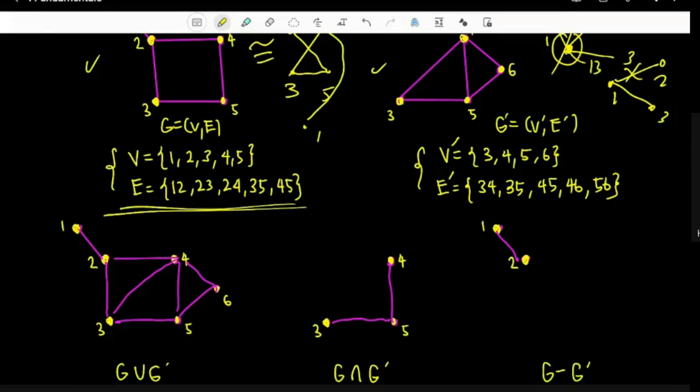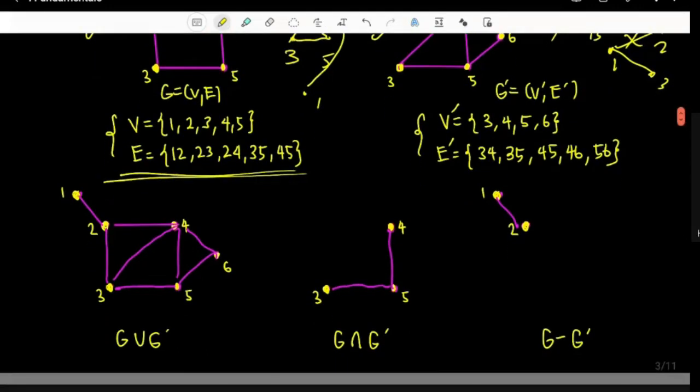So, for example, you want to get G intersection G prime. So, ano magiging vertex mo? The vertex of G intersection G prime will be the intersection of the vertices. So, 1, 2, 3, 4, and 5, 3, 4, 5, and 6. So, the intersection is 3, 4, 5. Right? Which is the same as our graph.